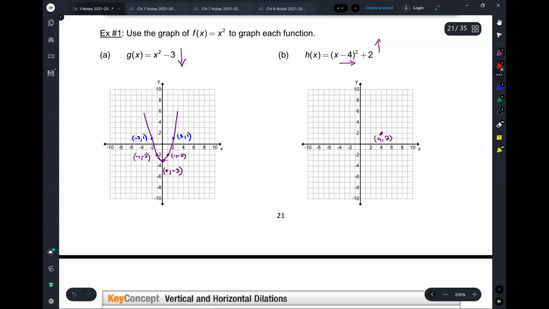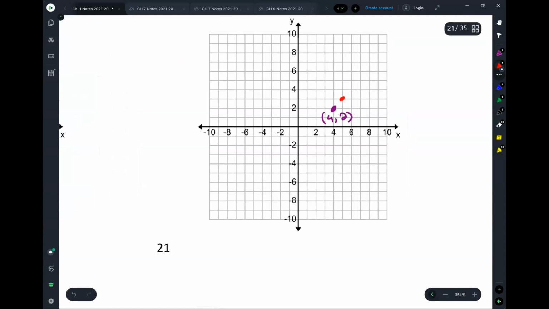I'll do those in red so we can mirror them easier later. So you go over 1, up 1. And that's going to be the point (5, 3). Then from the vertex, if I go over 2, I need to go up 4. 1, 2, 3, 4. And that's going to be (6, 6).